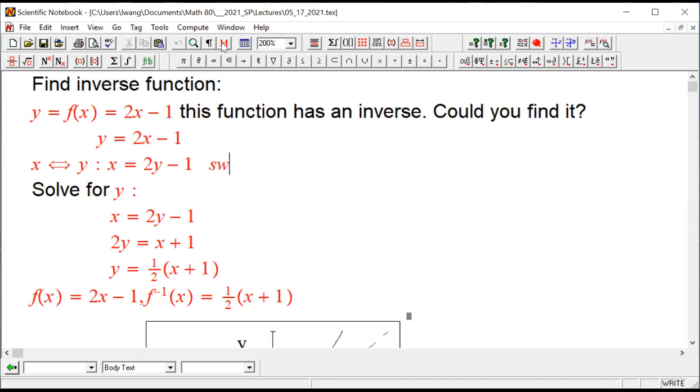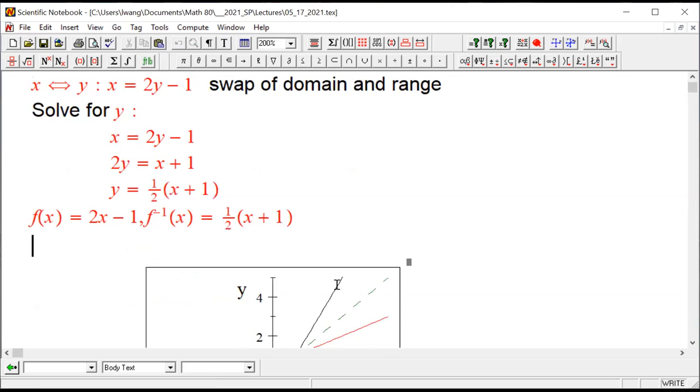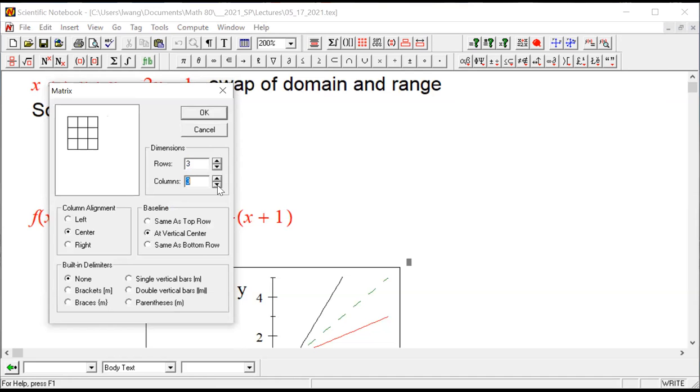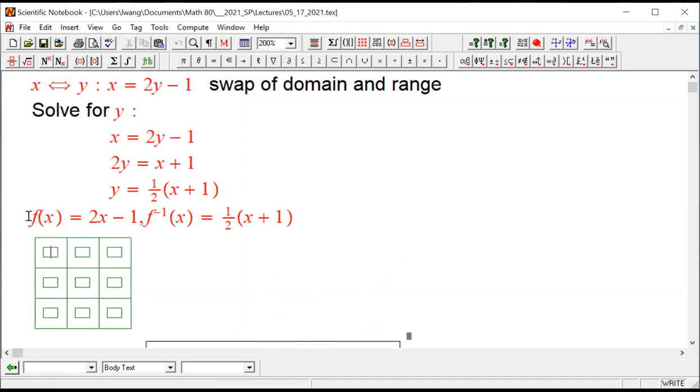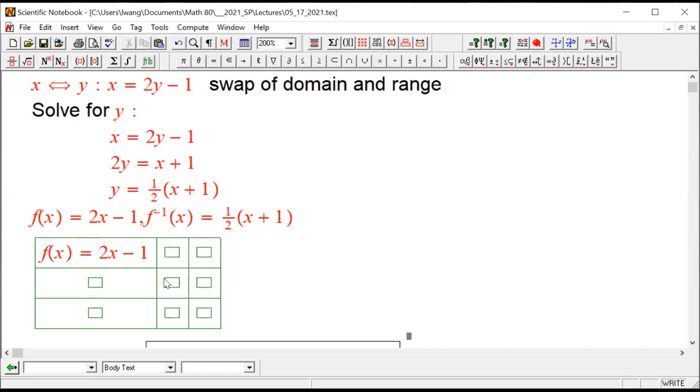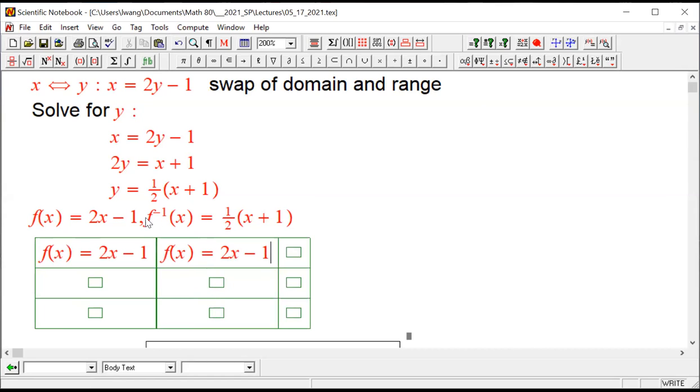It's also a swap of domain and range. We're going to see more of this. For these two functions, their domain and range are the same, so if you swap them, it's not going to make any difference. For example, in this case, f of x is this function, and its inverse is that guy.